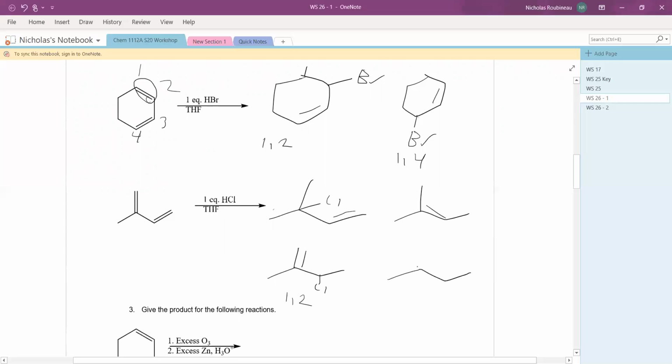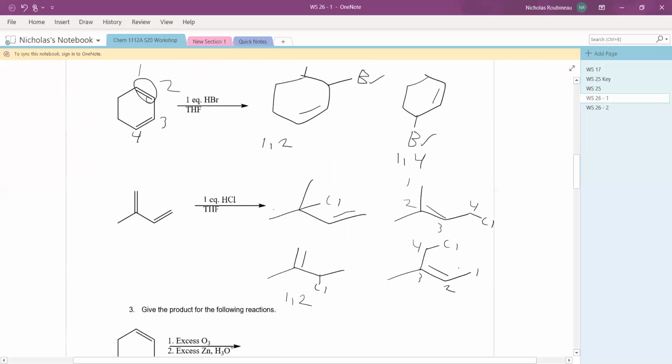And then both of these are going to have the double bond in the same position. This would be if it was reacting with the double bond on the right. And then this one would be like this, and that would happen if it was reacting with the double bond on the left, because I'm just numbering them to help you follow.